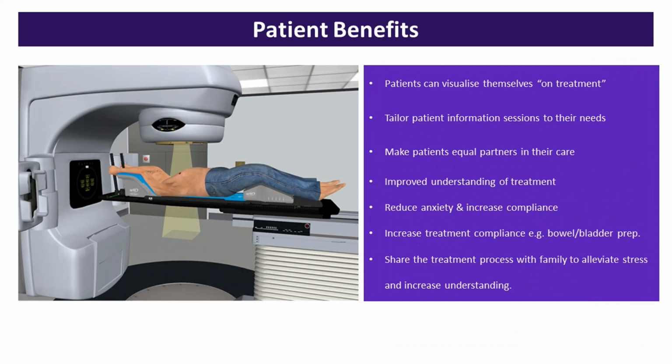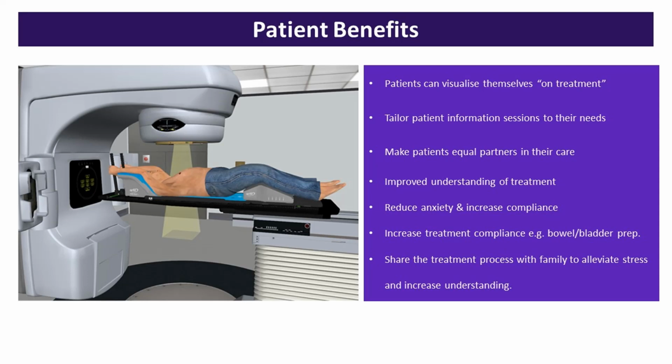But of course, everything we do is about the patient. We're patient focused, and so the patient does have benefits as well. There in the slide, we've got an image of one of our new patient models that will help deliver patient information. The patients are more in the treatment position, we have more models available, and they also fit on the immobilization devices, further enhancing the information process.